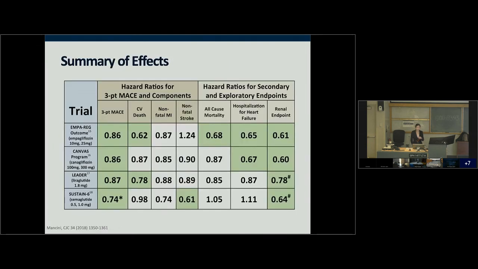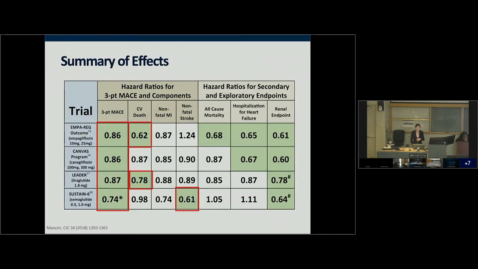So just to summarize what I just quickly went over in terms of the studies, all four big studies, empagliflozin, canagliflozin, LEADER, and SUSTAIN-6 with liraglutide and semaglutide all showed a reduction in 3-point MACE.